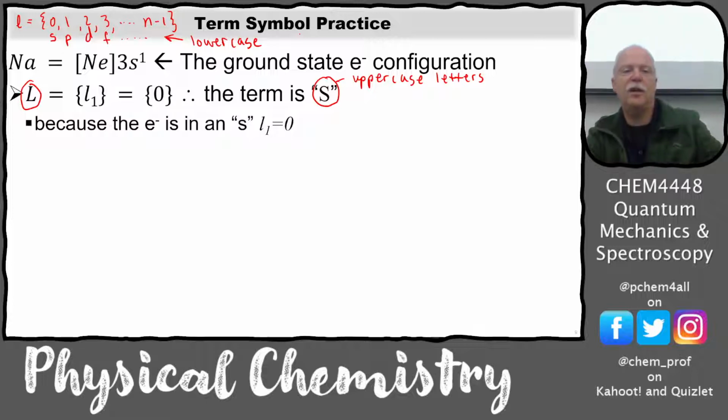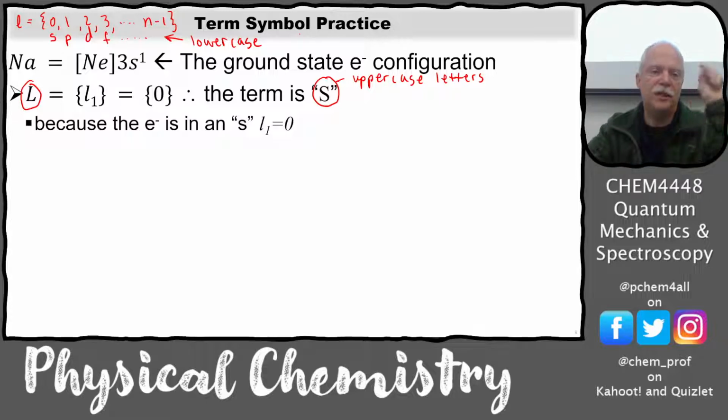So when we make those terms, we use the same kind of SPDF labeling, but they're with uppercase letters. So then it's bad enough we have all these letters. Now they're case sensitive. Science is a mess. I mean, there's just too many things you have to give letters and terms to.